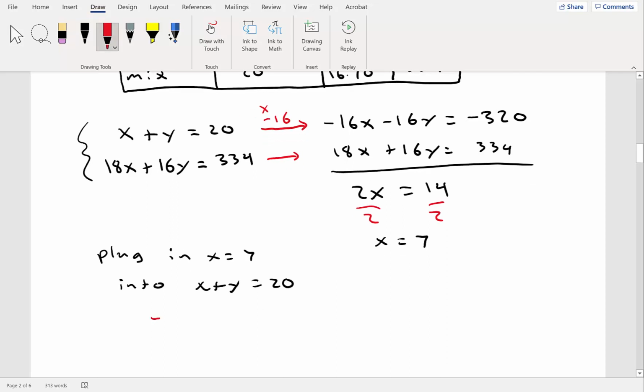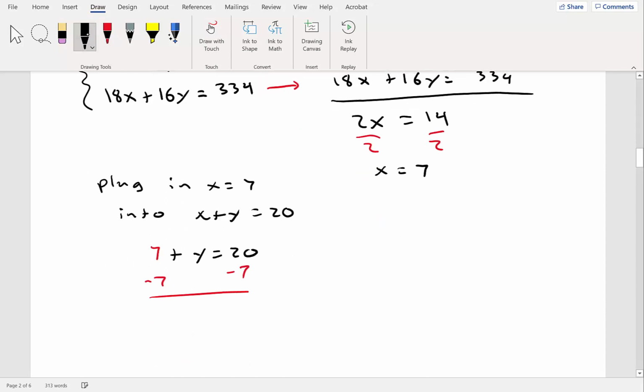So we have 7 plus y equals 20. Subtract 7 from both sides to get y by itself. We get y is equal to 13. Okay. So we have 7 pounds of Kenyan. We have 13 pounds of Sumatran.